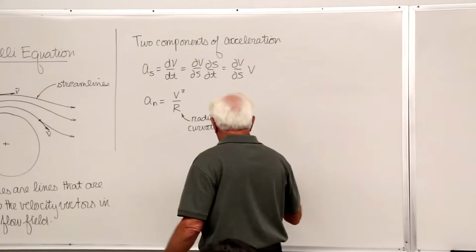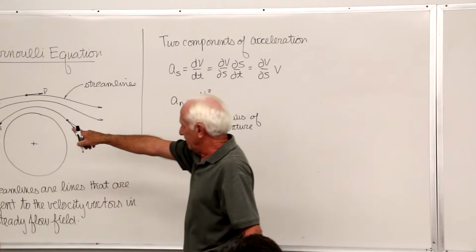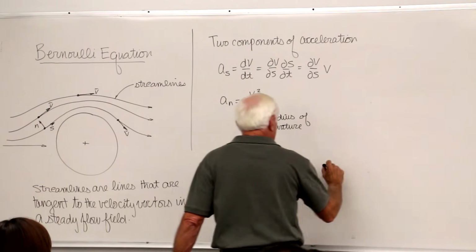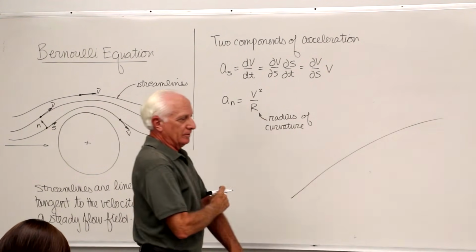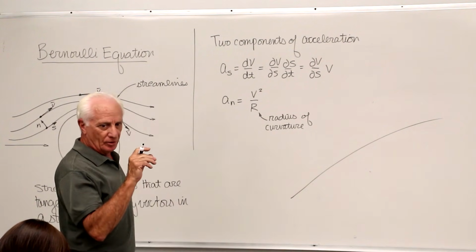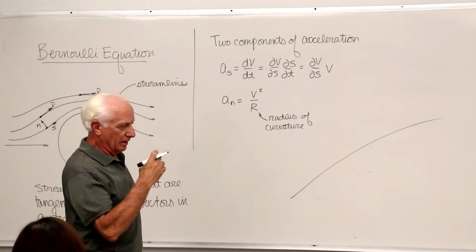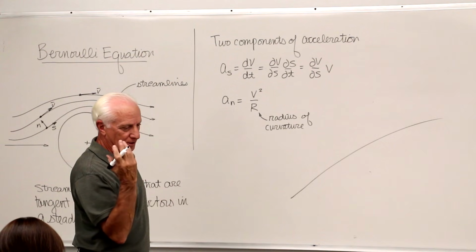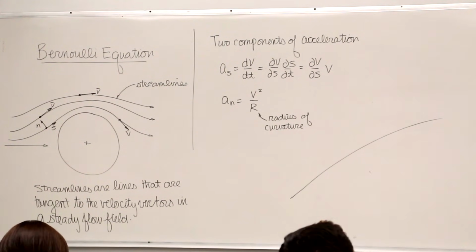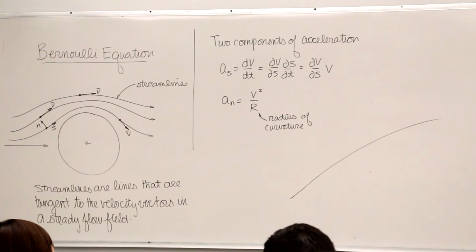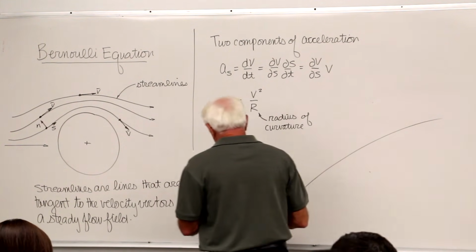So we're going to take a streamline out of here. I'll take one over here maybe. So here's a streamline. And on that streamline, we're going to show a very small differential volume of, let's call it a liquid. I'll draw the picture like it's in the textbook so you can follow it.